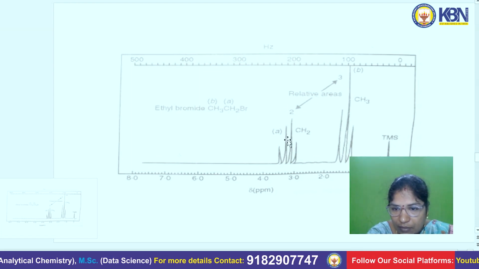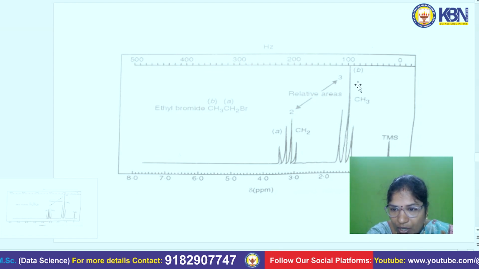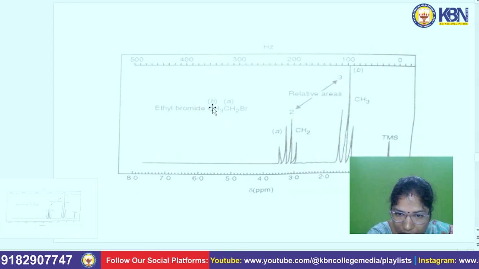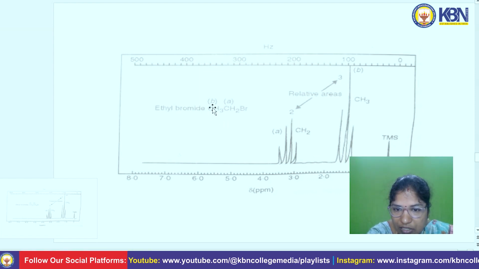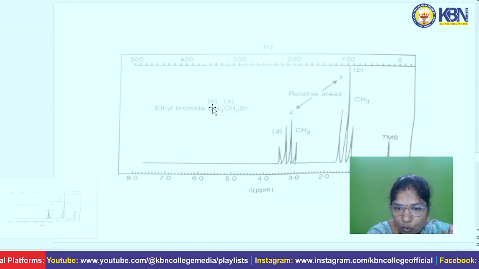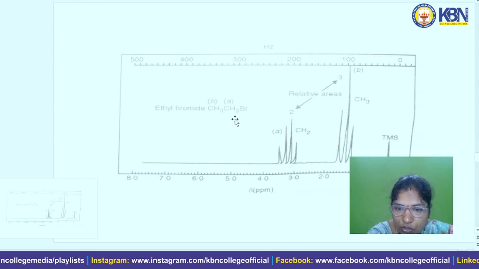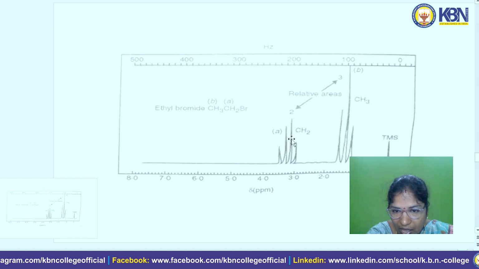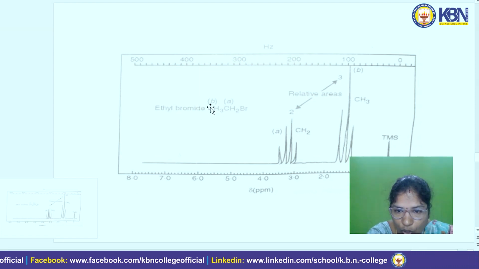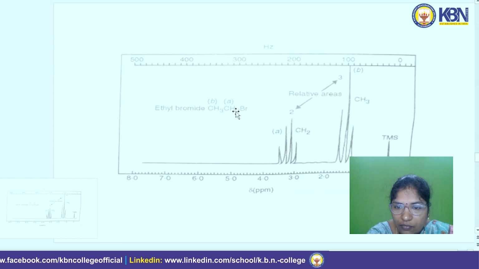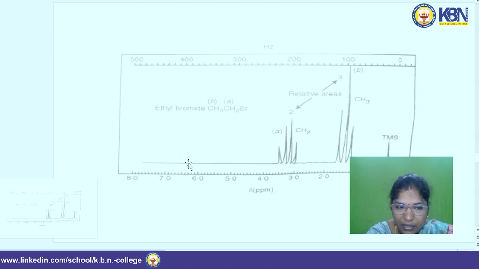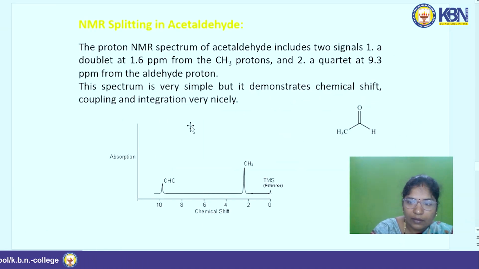As per the spin-spin splitting formula, n plus 1, where n is the number of neighboring protons, CH2 protons have 3 neighbors, so 3 plus 1, a quartet, and CH3 protons have only 2 neighboring protons, so 2 plus 1, a triplet.